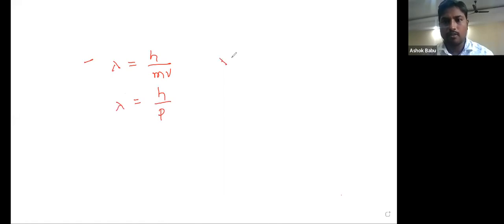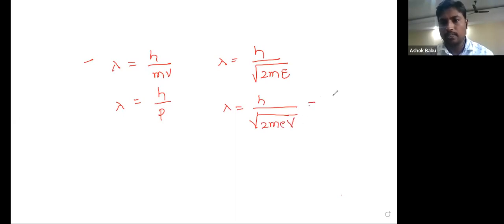Third, the wavelength in terms of kinetic energy, lambda equals h by root over 2mE. And fourth, in terms of applied potential, lambda equals h by root over 2meV, where capital V is the applied potential. In case of an electron, it is 12.26 angstroms by root V. We know these formulas.